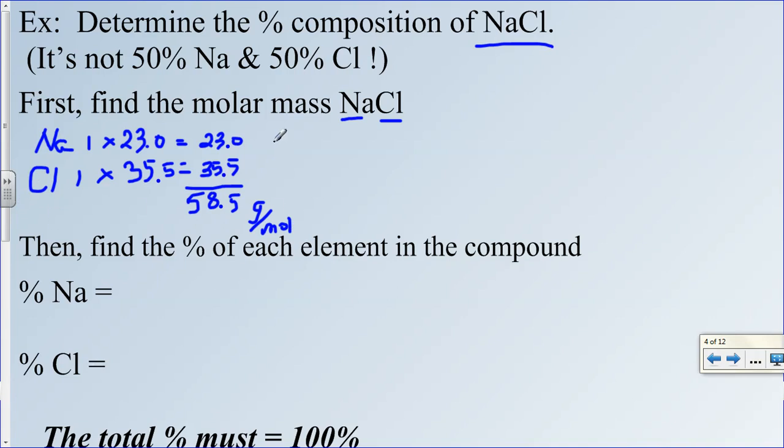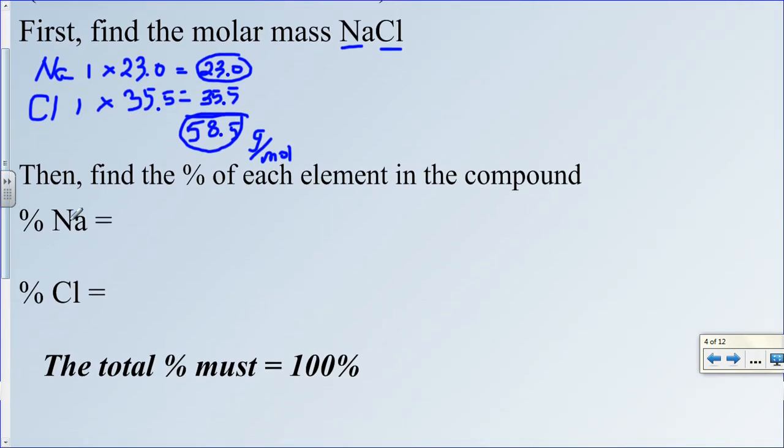So we're really interested in the total amount that we got for the sodium divided by the total amount for the compound. So for percent sodium, we're going to take the 23.0, divide by the total mass of the compound, 58.5, and multiply by 100.